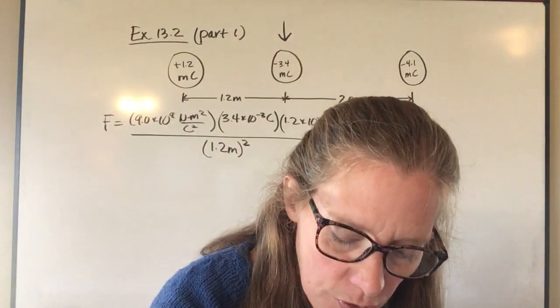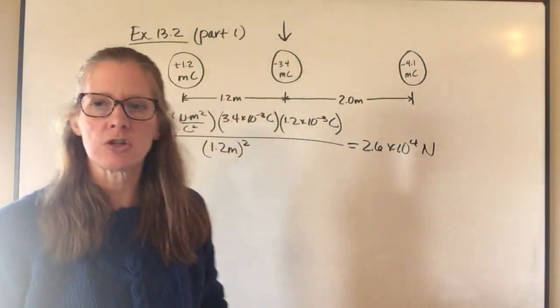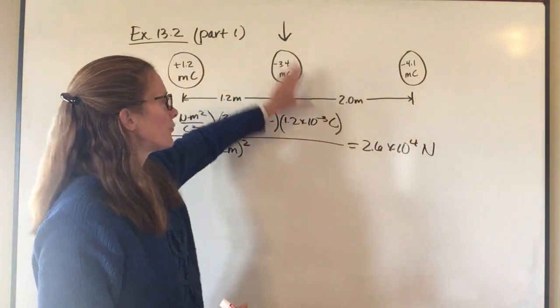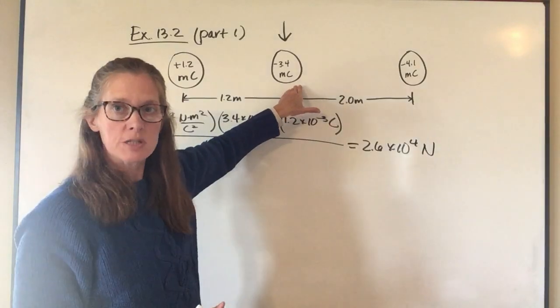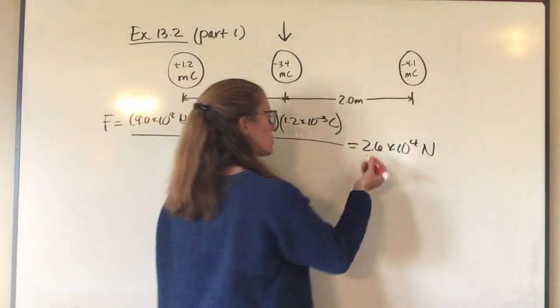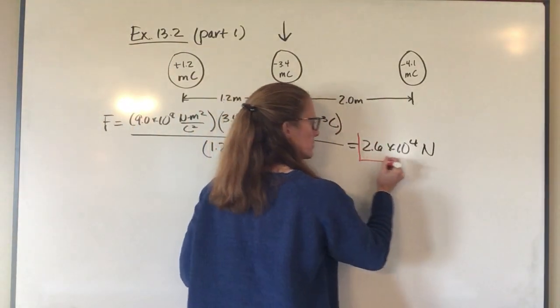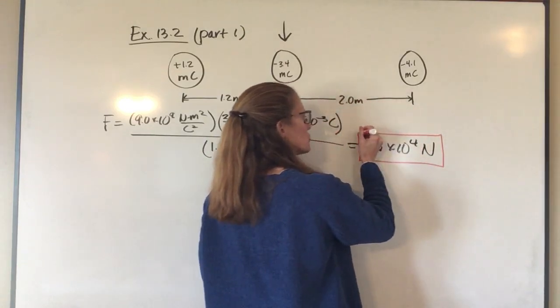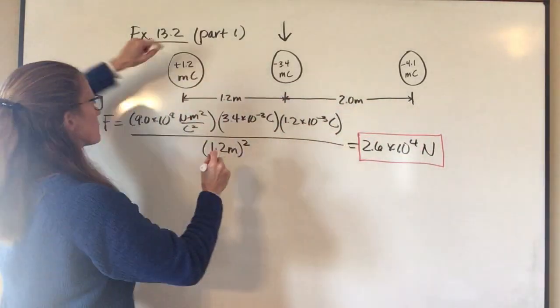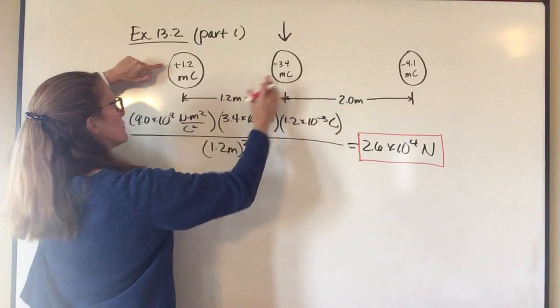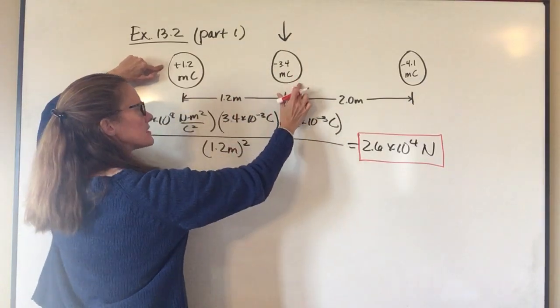In this particular case, I am wanting to know what the force is being exerted on this particle in the middle. So if we'll color code this so it makes it a little bit more clear. So this force rather, this is a positive and this is a negative charge.